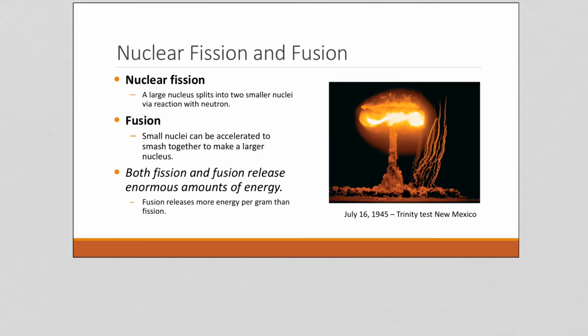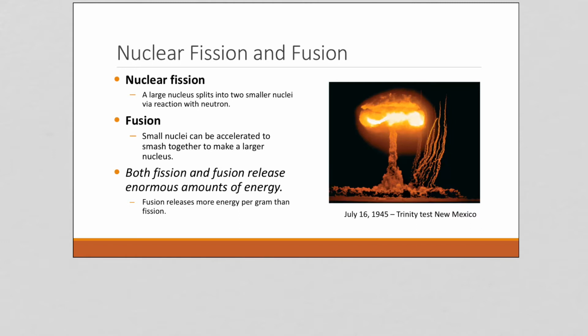When we say split the nucleus or splitting of the atom, we're just referring to nuclear fission. Nuclear fusion is two smaller nuclei coming together, or colliding together, smashing together, sometimes called, to make a larger nucleus. So we're fusing two smaller nuclei into a larger nucleus, and that's nuclear fusion.